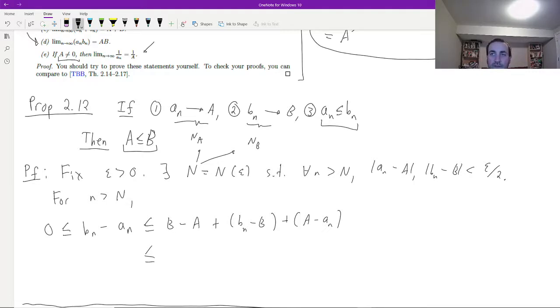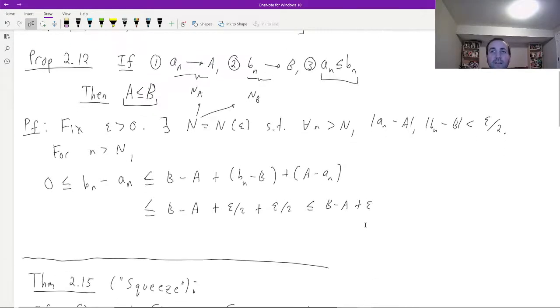Oops, plus a minus a_n. All right, having done that, we can now take away absolute value. So this is less than b minus a plus epsilon over 2 plus epsilon over 2, which is less than or equal to b minus a plus epsilon.